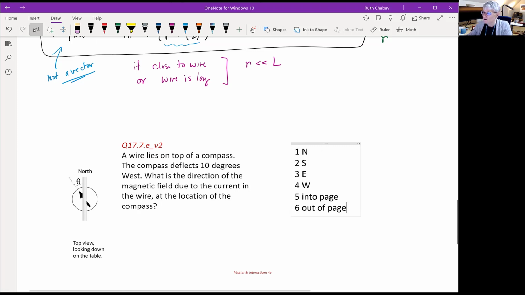So the question is, we have a wire lying on top of a compass, and we don't know which direction the conventional current's going, but we can deduce the direction of the magnetic field due to the current in the wire here.